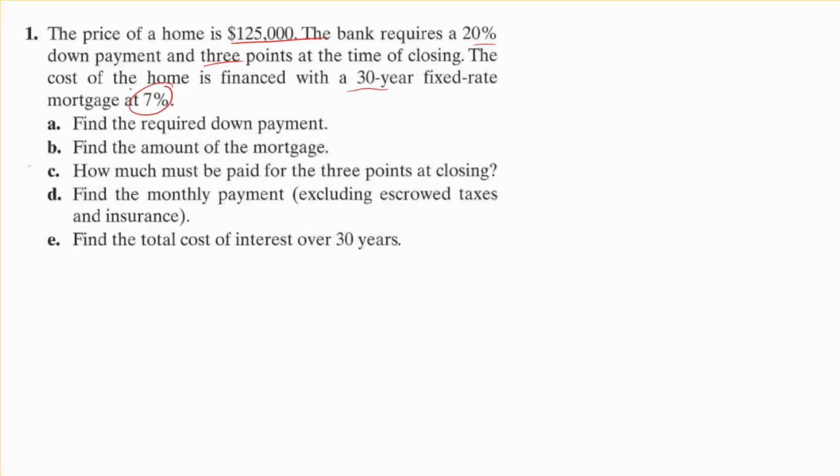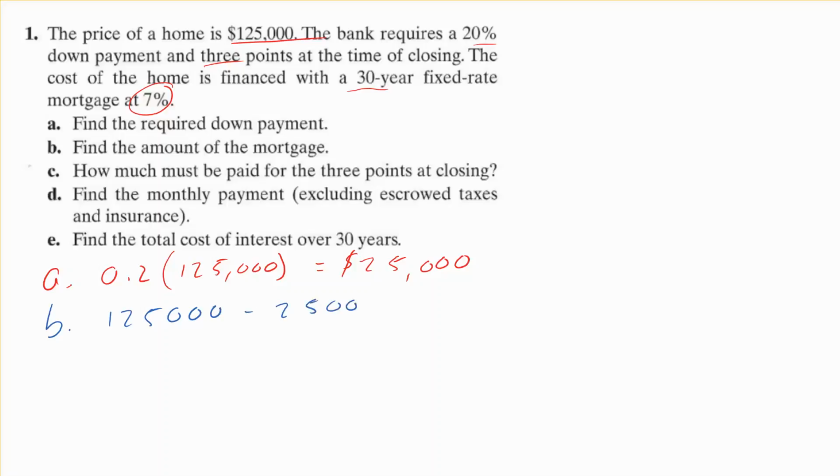So the required down payment, so that would be 0.2, so 20%, times 125,000, and that should be $25,000. Let's look at B, the amount of the mortgage. So that's just 125,000 minus our down payment.